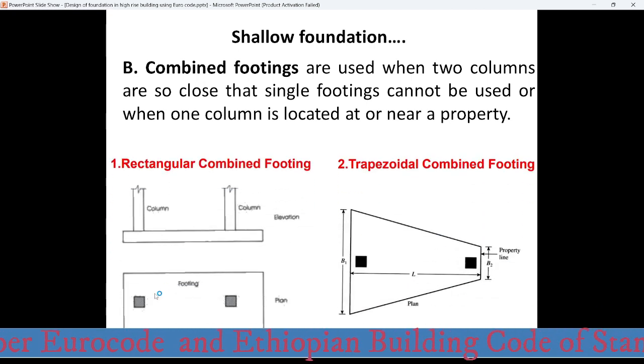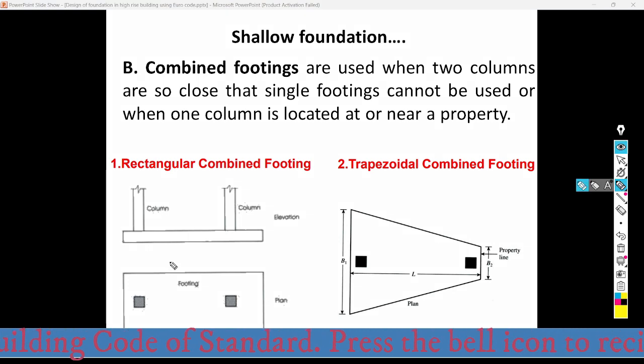This is some example of a combined footing here.